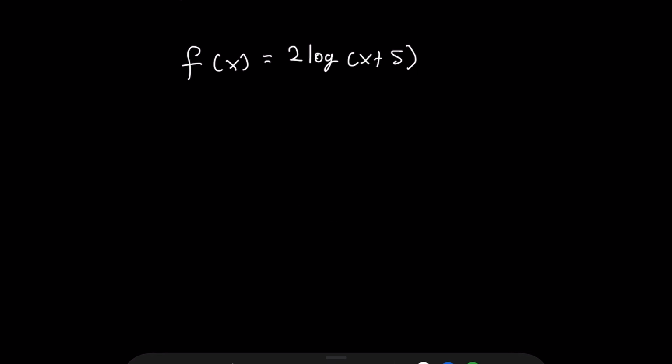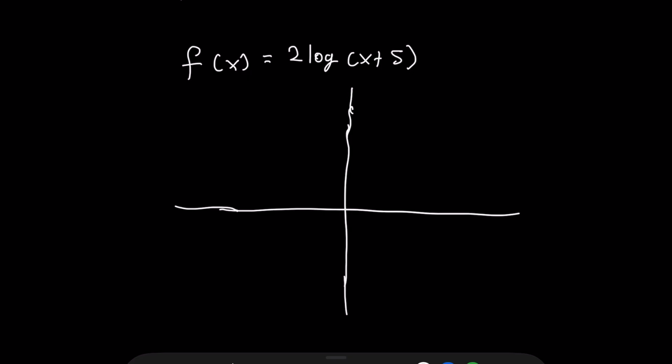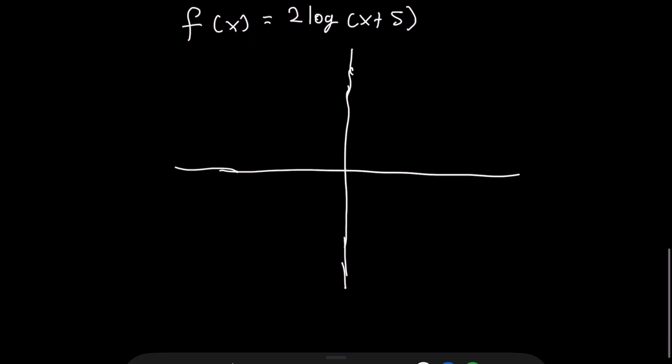So anyway, to graph, it's pretty simple. You'll notice that we should have a shift to the left by 5. And that's actually where we have a vertical asymptote, because we can't have negatives inside logs. Now we just plug in a point. I like to plug in a point that makes it 0. Find the 0 of the thing.